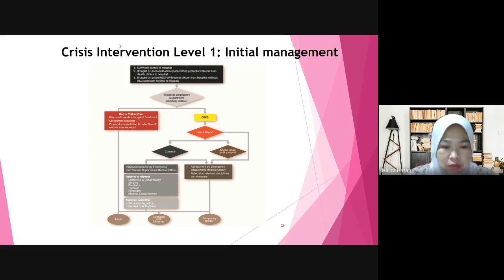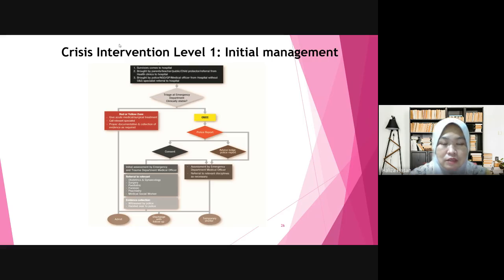For example, if it is pediatric child abuse, they will refer to pediatrics. After receiving consent, they will do the assessment and refer to the relevant discipline as necessary. Then there will be evidence collection, witnessed by the police, and handed over to the police.